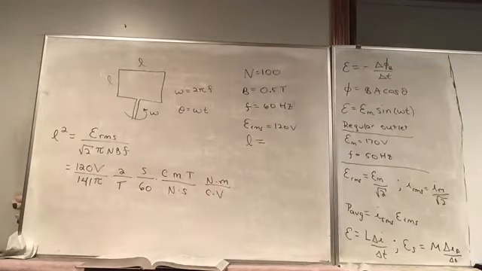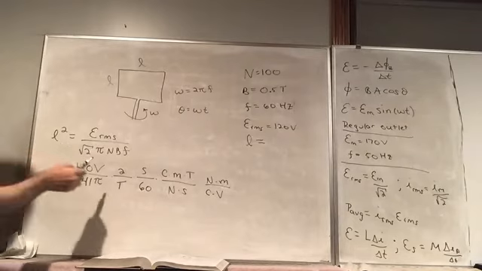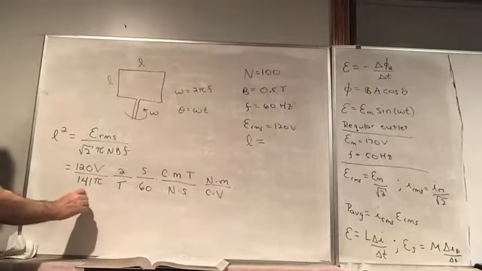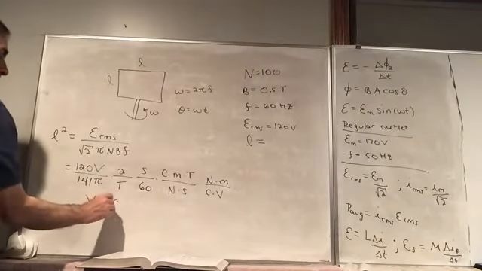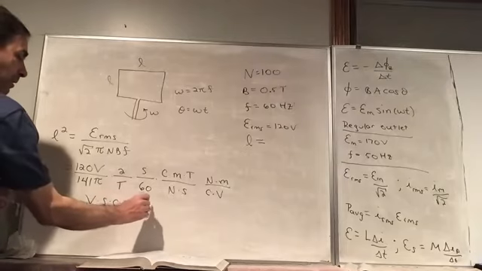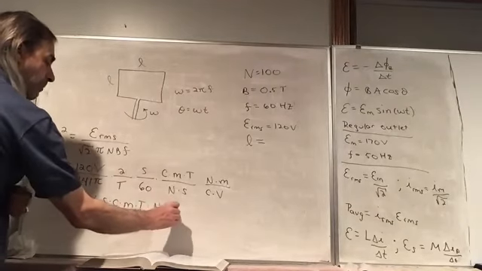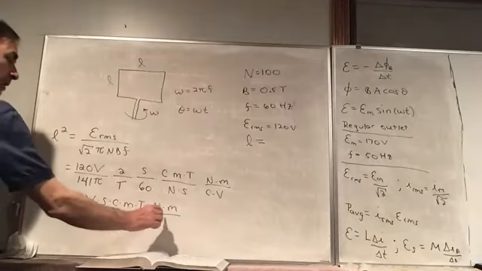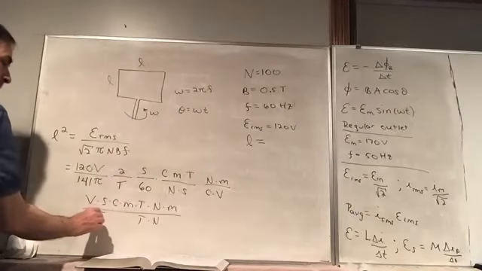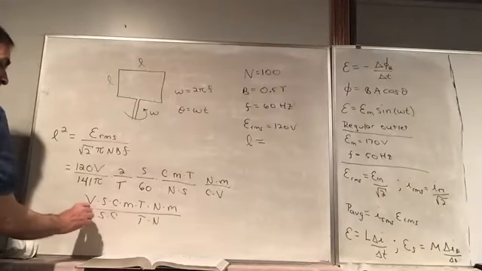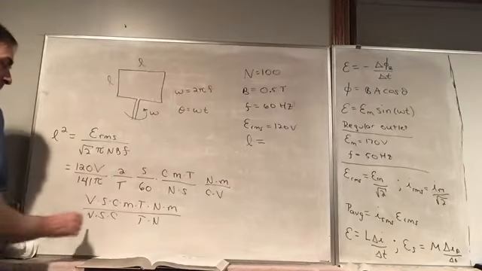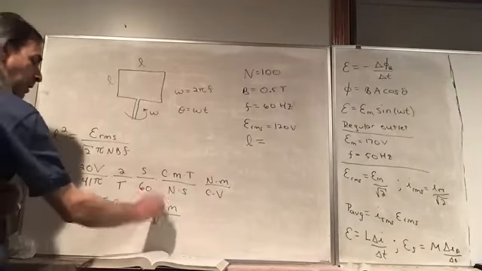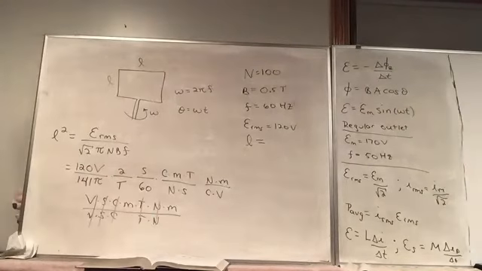So we have volts times seconds times Coulomb, meter, Tesla, Newtons, and meters. On the bottom, we have Teslas, Newton, seconds, Coulomb, and volts. So we actually do get meters squared out of this.